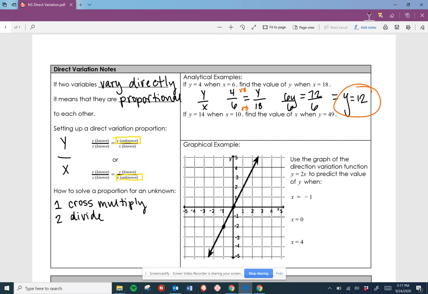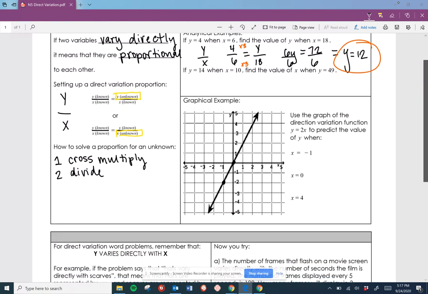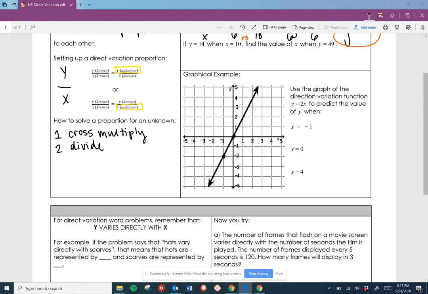Okay. In this graphical example, it says use the graph of the direct variation function y equals 2x to predict the value of y when x is negative 1, okay? So when x is negative 1, we will come over here to our graph, right? X being negative 1, that hits the graph right here, right?